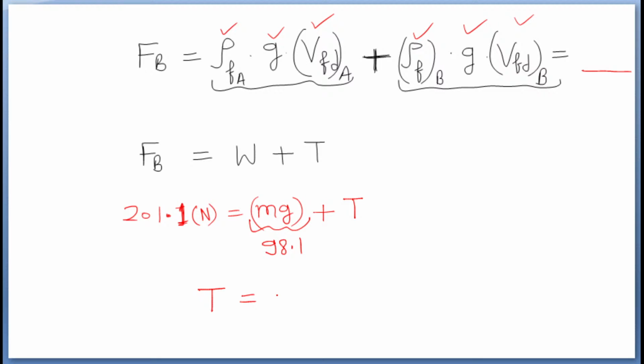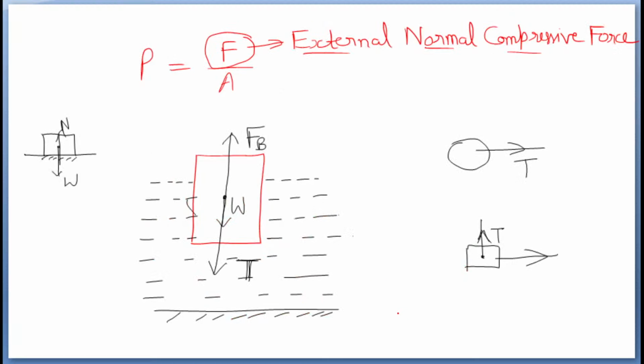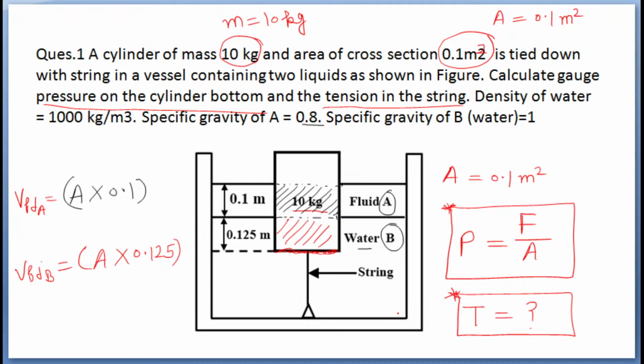So tension in the spring you will get, if you take this side, 201.1 minus 98.1, you will get 103 Newton. So tension comes out to be 103 Newton. This is my tension. So this part is gone. You have calculated this 103. It was asked, tension in the string, you have found it.